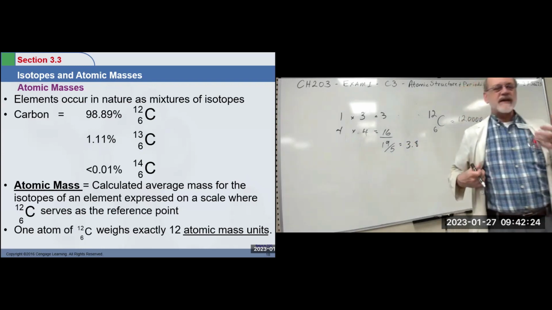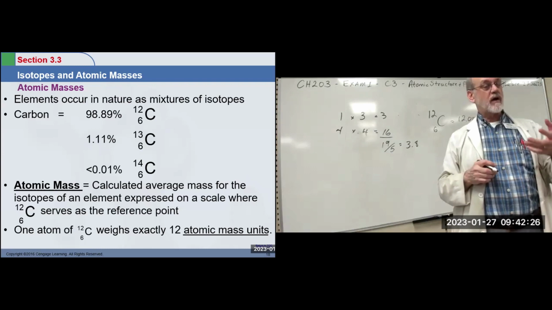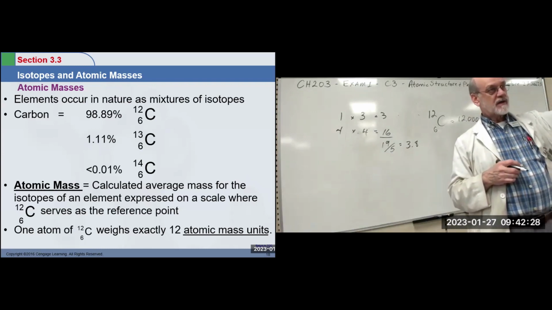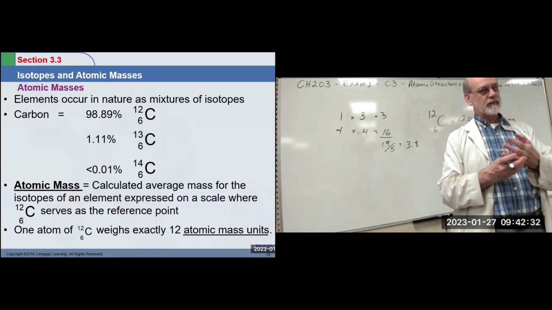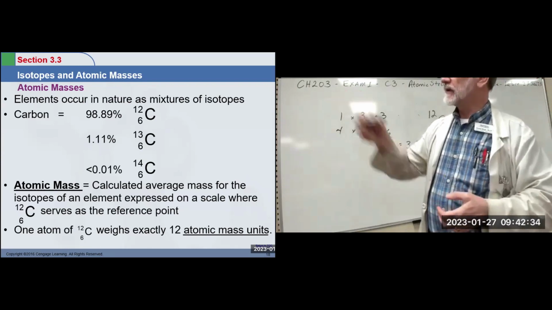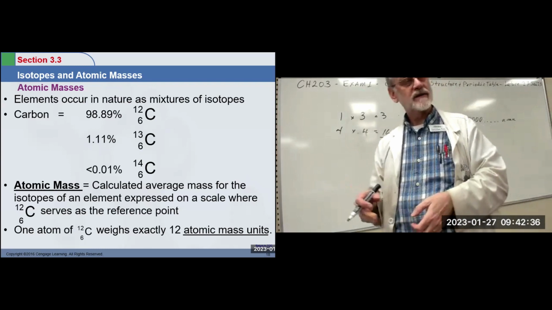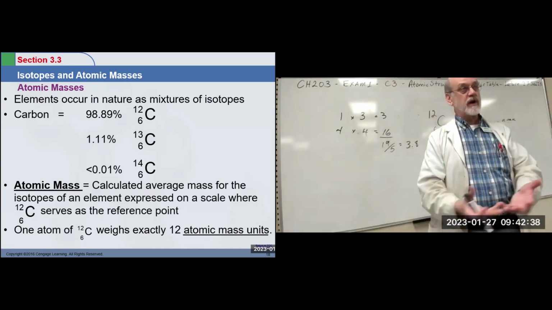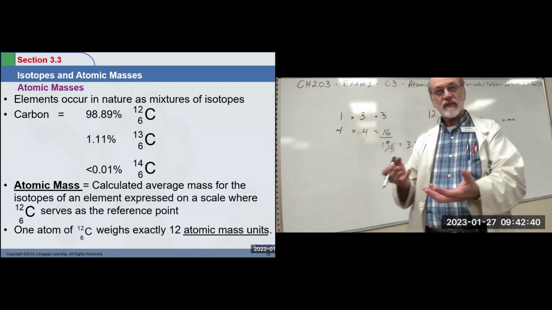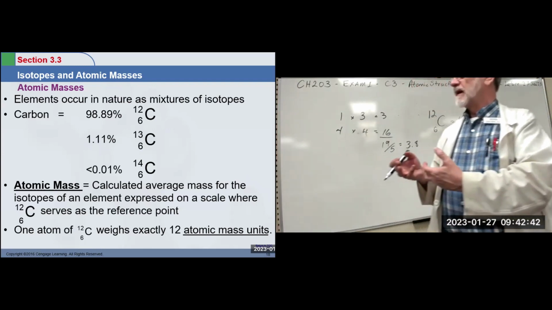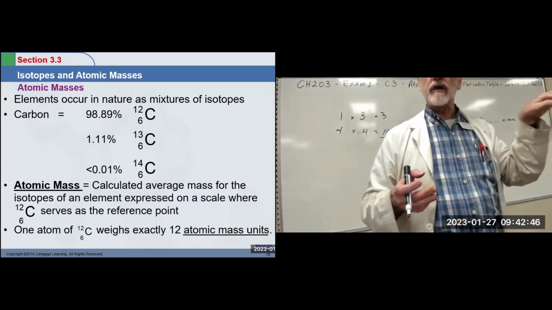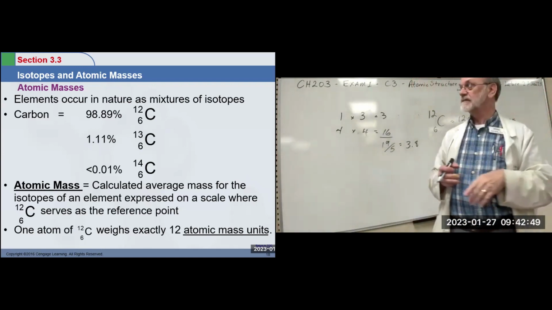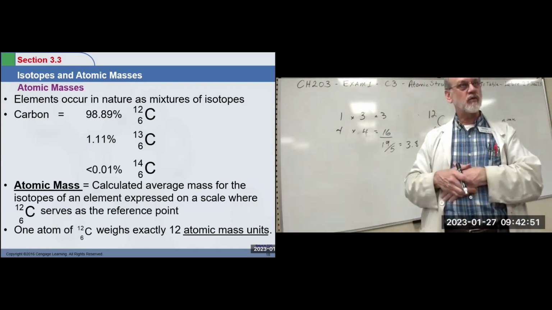So what I'm trying to say is isotopes that are higher in percentage contribute more mass to the total. So if carbon 12 is 98.89% of all the naturally occurring carbon, then the value that's reported for the atomic mass in the periodic table should be pretty close to 12, right? Because that isotope is 12.